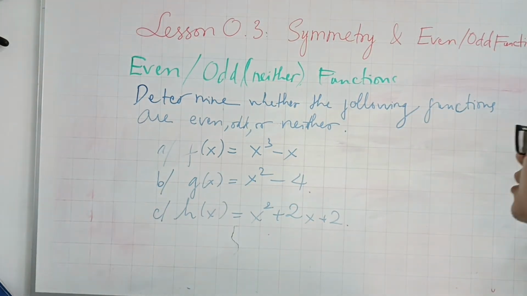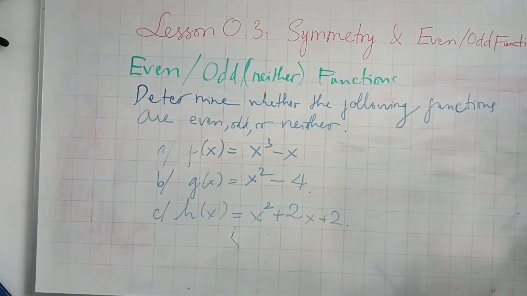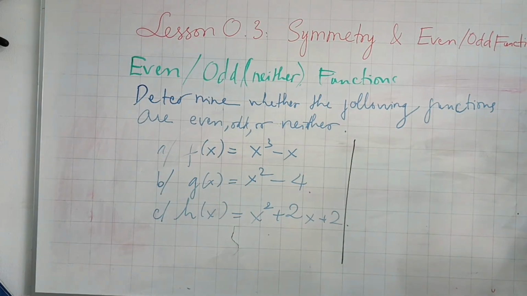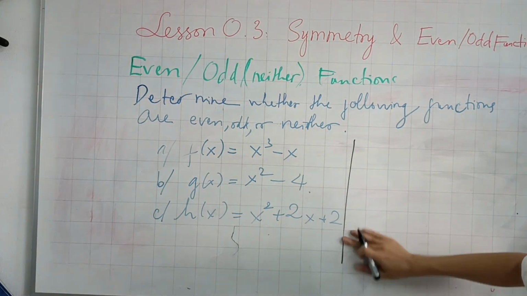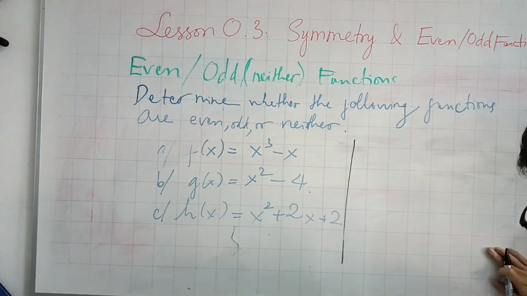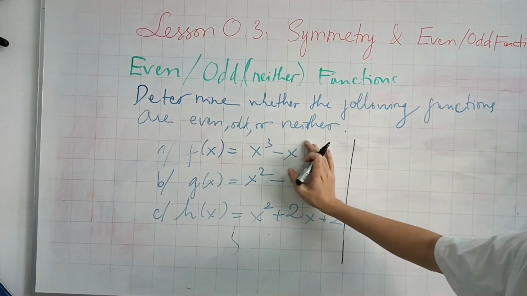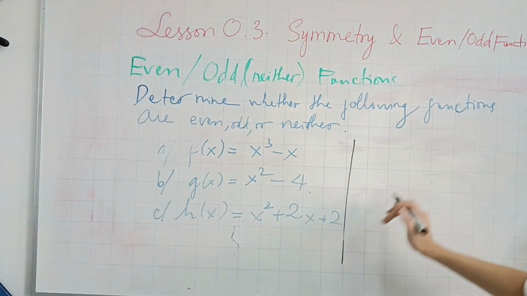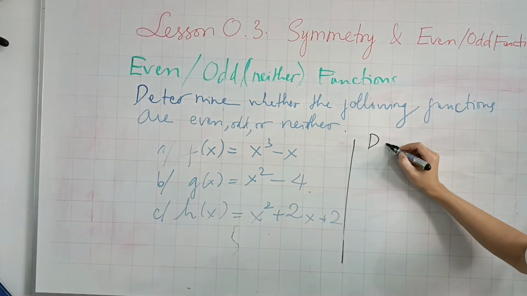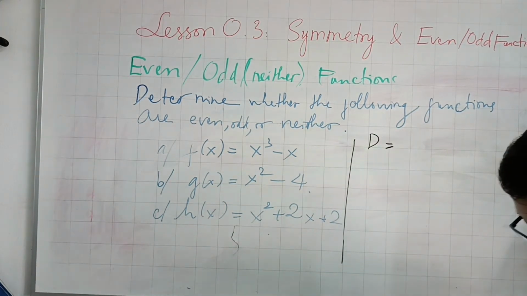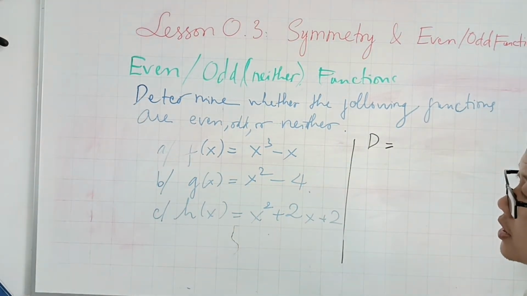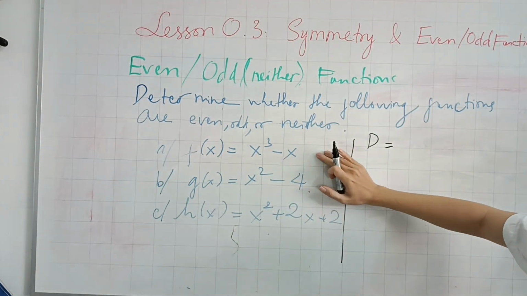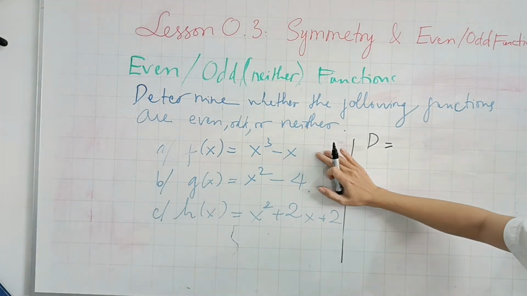Okay, we do it together. The first step, you must write down the domain of f(x), g(x), and h(x). Domain D equals... All of them are polynomial functions.